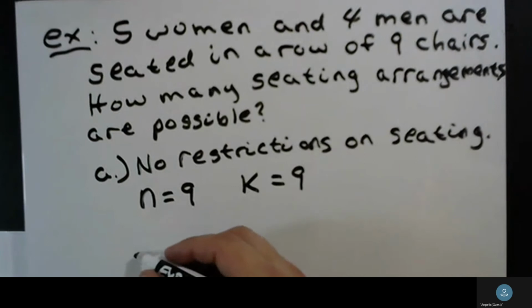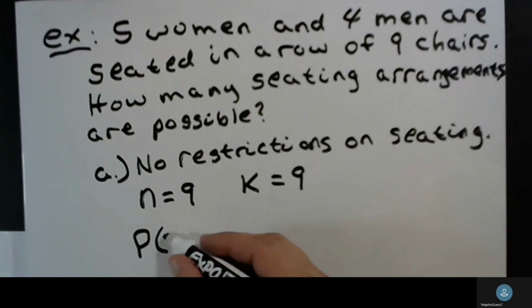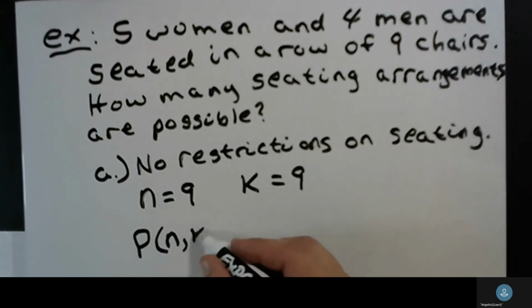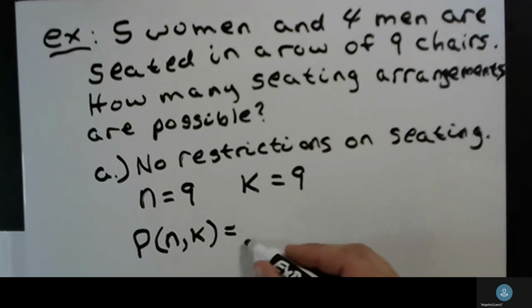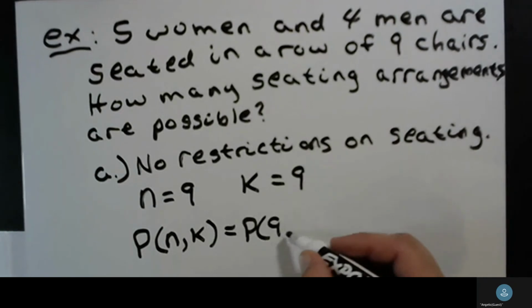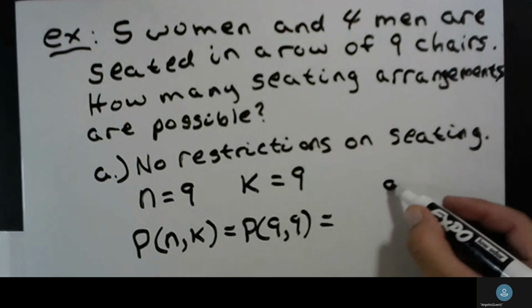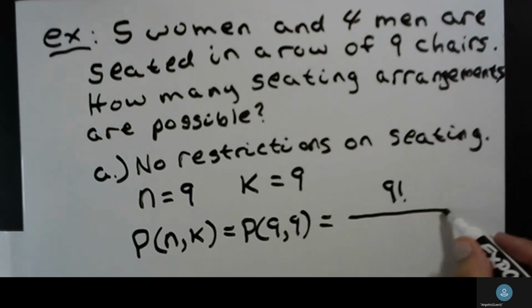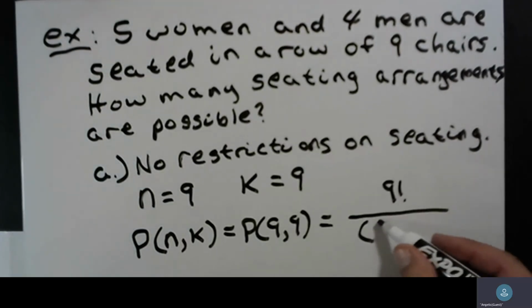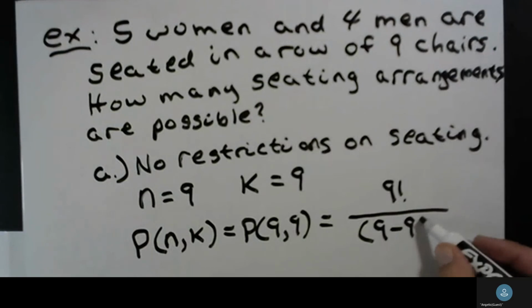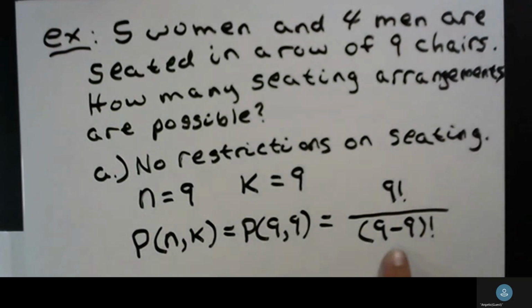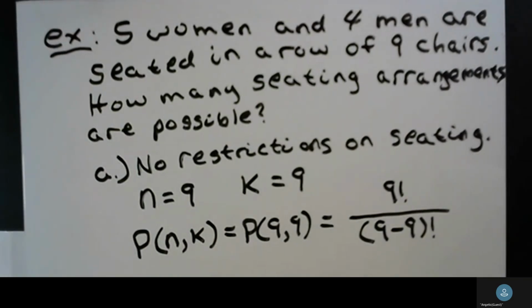So what this becomes is n comma k will be 9 comma 9, or 9 factorial over n minus k, which is 9 minus 9 factorial. And for that, 0 factorial is going to be helpful.